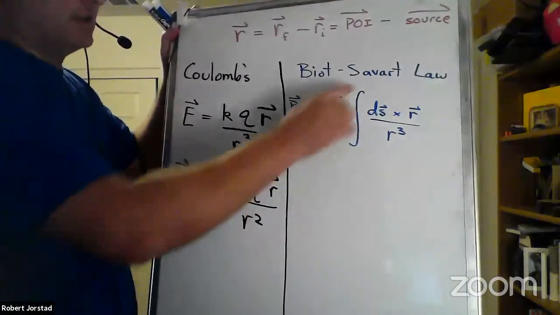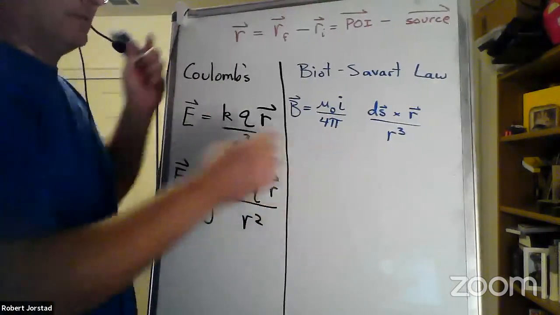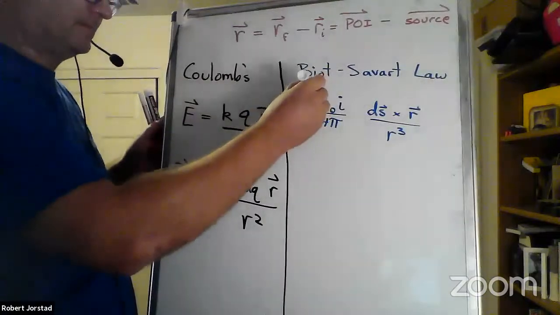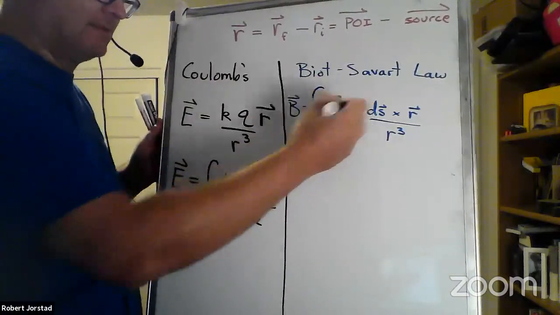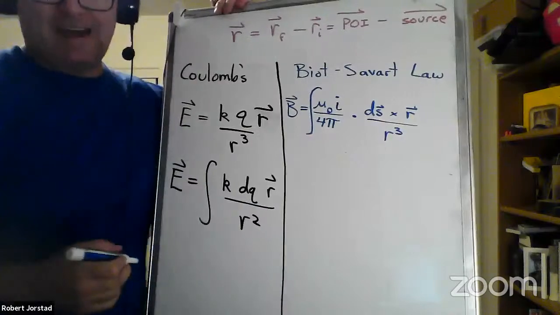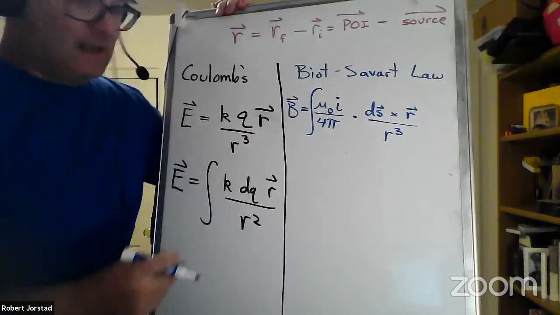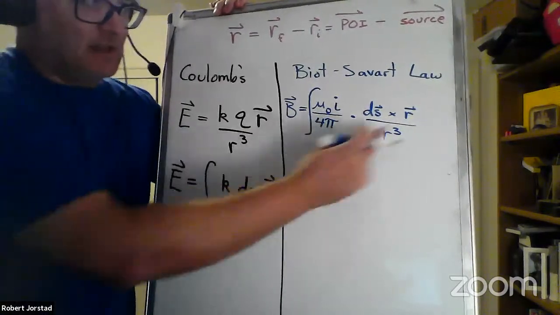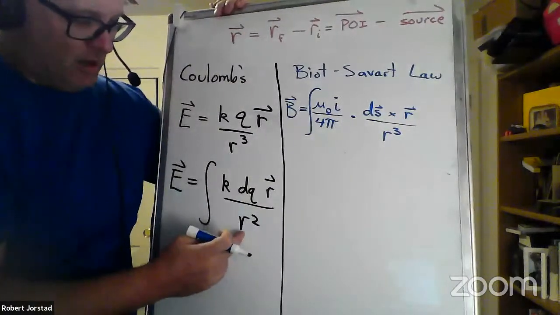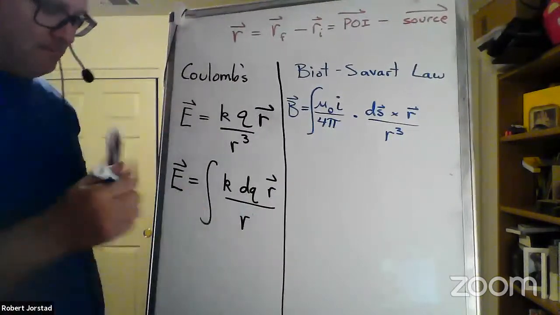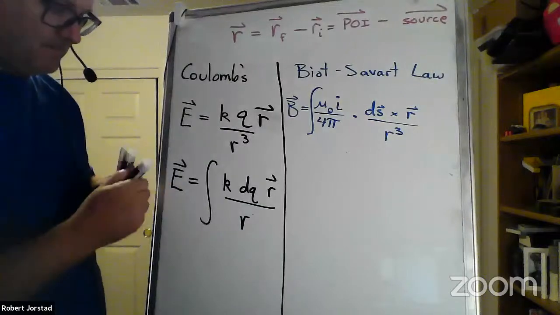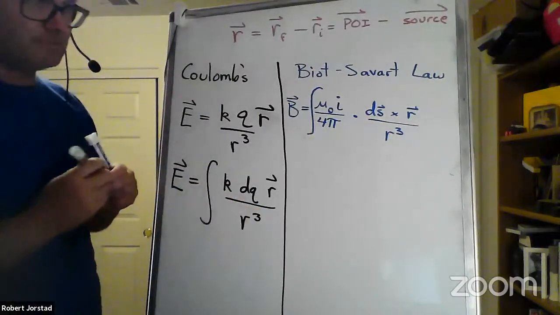I could even stick this integral out front, because you can move constants in and out. It actually looks a lot like this, because we still have the R over R cubed portion. Oh, shoot, I had a typo here. My bad, there's an R cubed there.